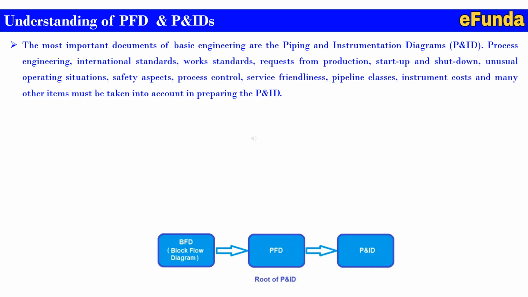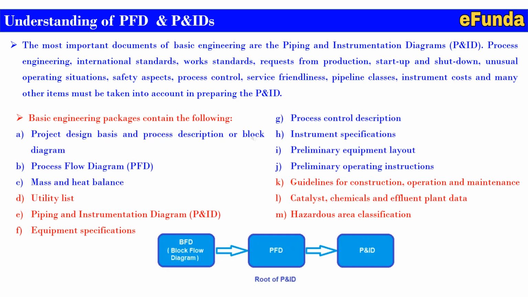The basic engineering package contains the following information as a minimum: A, project design basis and a process description or block diagram; B, process flow diagram, that is PFDs; C, mass and heat balance; D, utility list; E, piping and instrumentation diagram, that is P&ID; F, equipment specification; G, process control description; H, instrument specification; I, preliminary equipment layout; J, preliminary operating instructions; K, guidelines for construction, operation and maintenance; L, catalyst, chemical and effluent plant data; M, hazardous area classification.